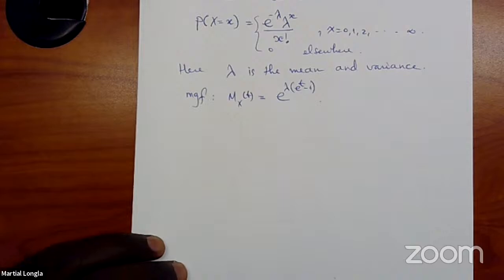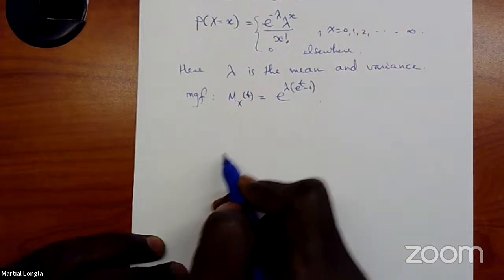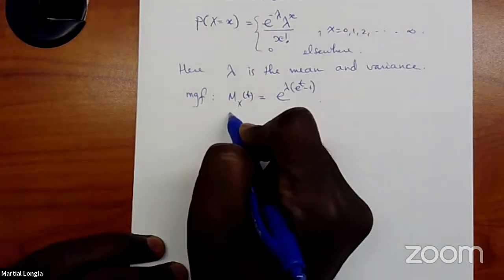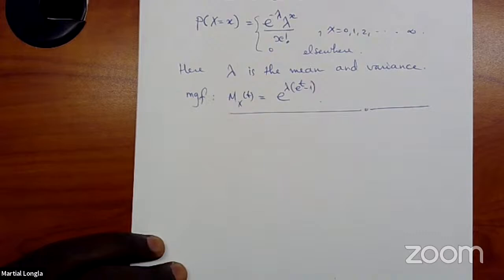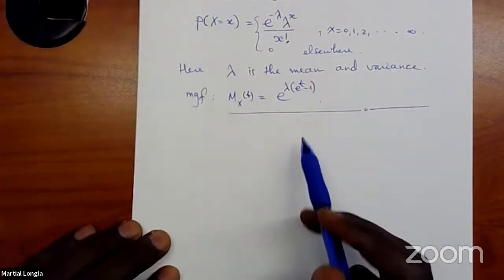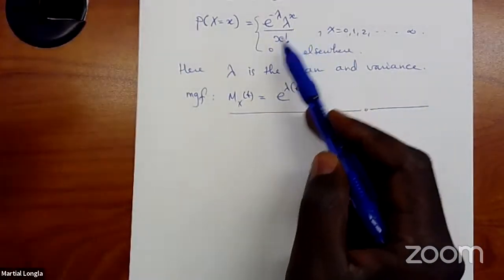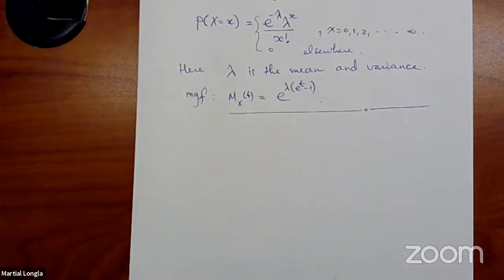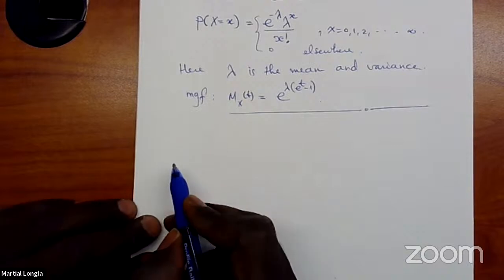Those are some of the examples of discrete distributions that I wanted to talk about now. Here, it's really not important. The only thing I can ask you to do with this as of now is just to plug in x and lambda and find the probabilities. Later on, we'll do more things with that.